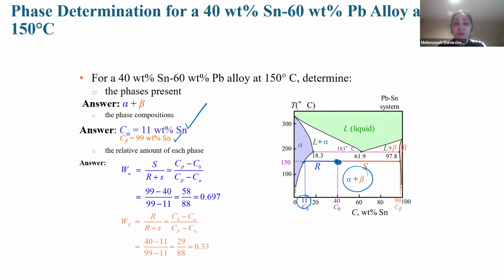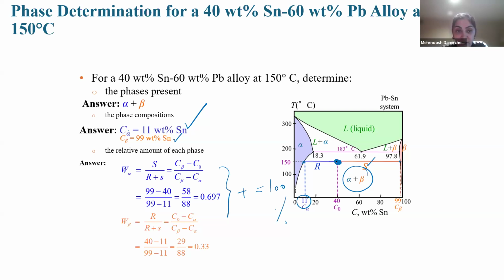But how much are the weight fractions of alpha and beta? The summation of both of them should be 100. We use the lever rule, or rule 3 from the last video, if you remember. For the alpha, W alpha, the side far from it is S, per the total, S plus R. What is S?